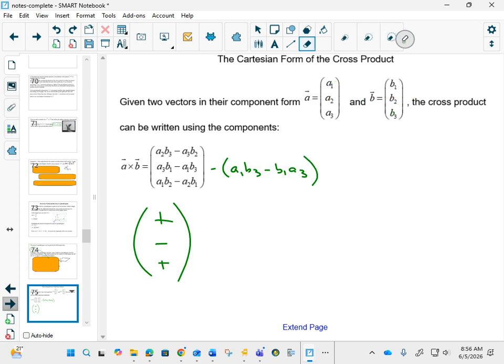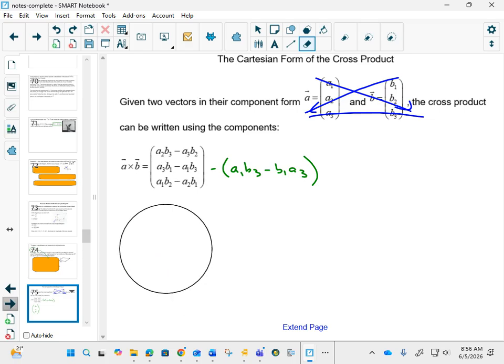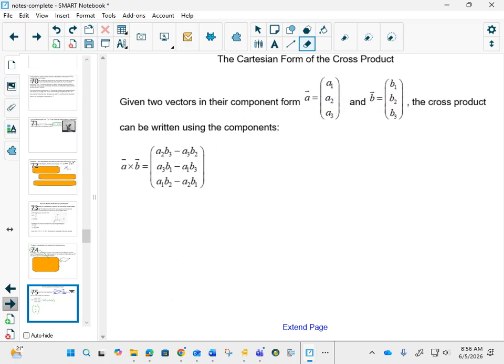And then the last one, if you ignore the last row and just do the discriminant here, A1, B2 minus B1, A2. So that's the pattern that's happened. And that's one way to remember the cross product in the Cartesian form.